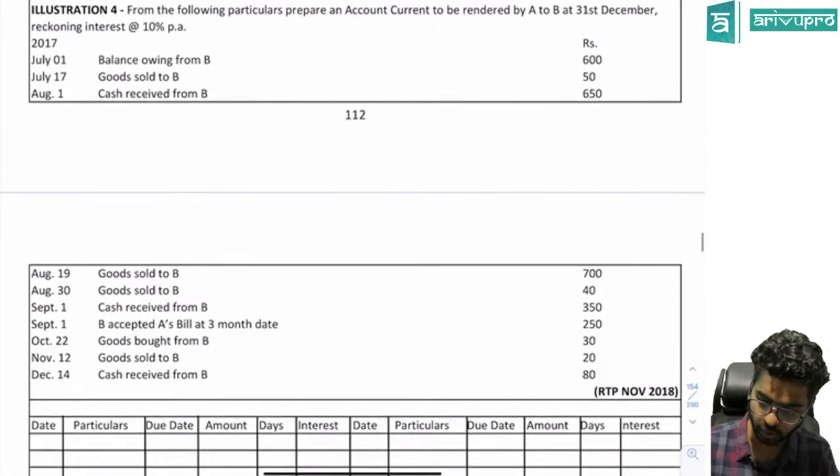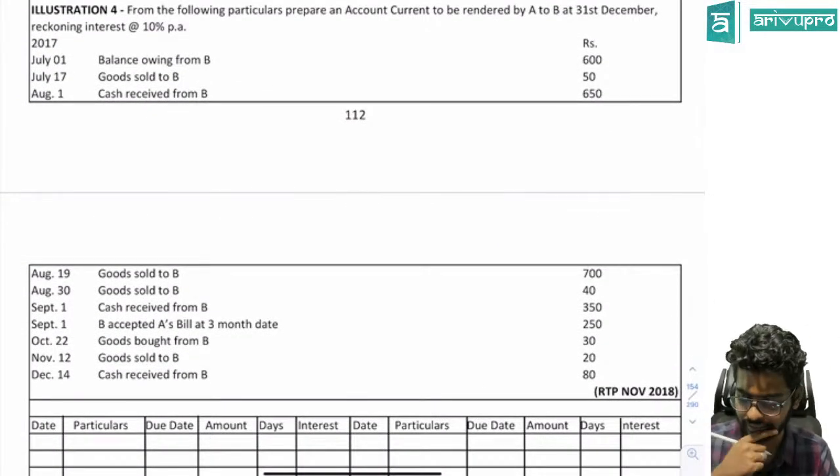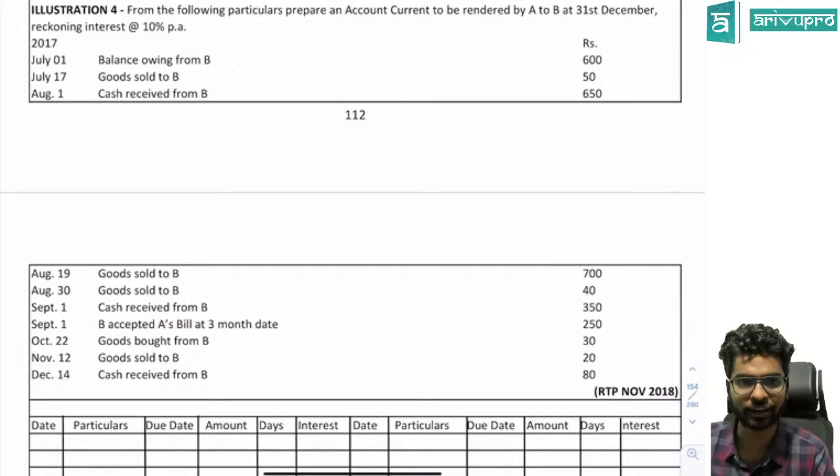Guys, this question I'll do with the backward method so that we cover that part also, and it's also something which is expected for an exam, so let's look into it. Shall we start?